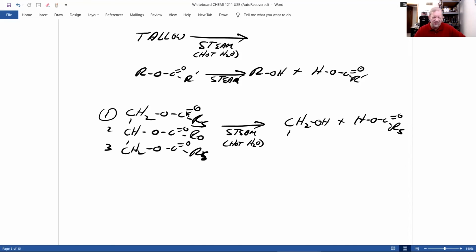Second ester, I'll get this alcohol. Remember, that's this going to this, which is that, plus what's this? Oleic acid.